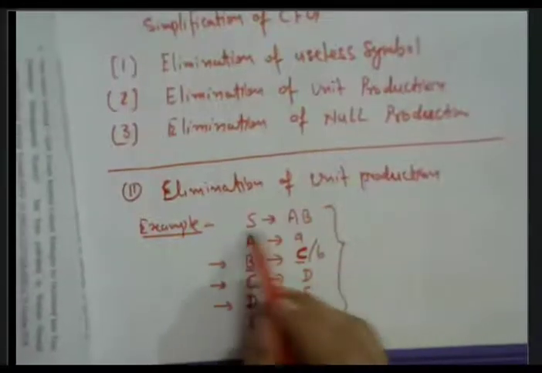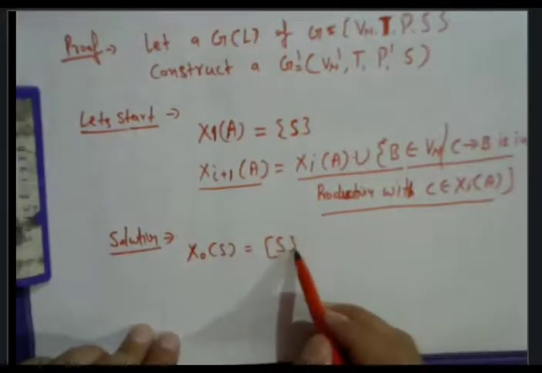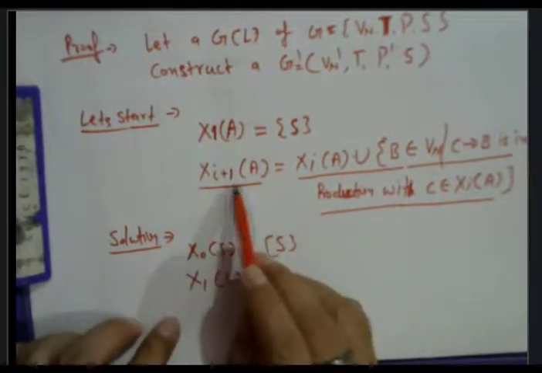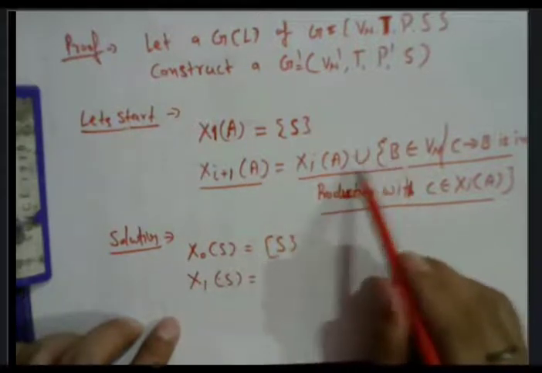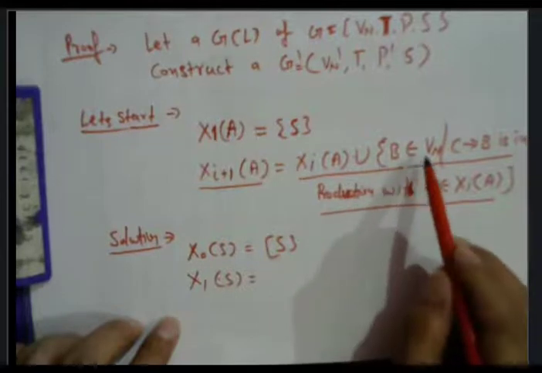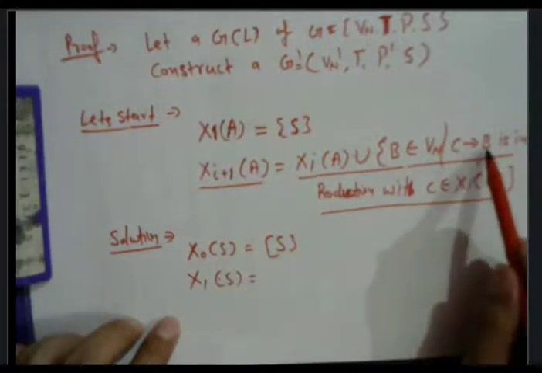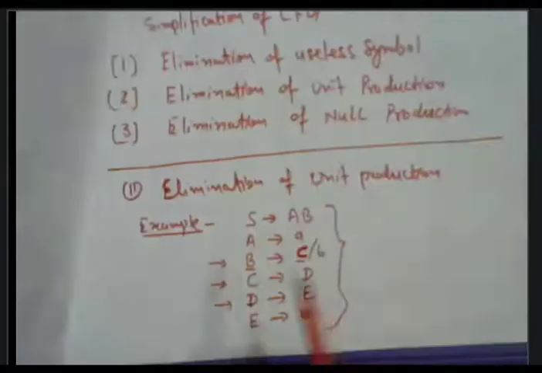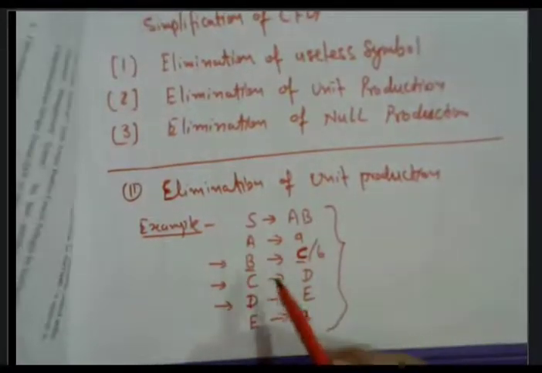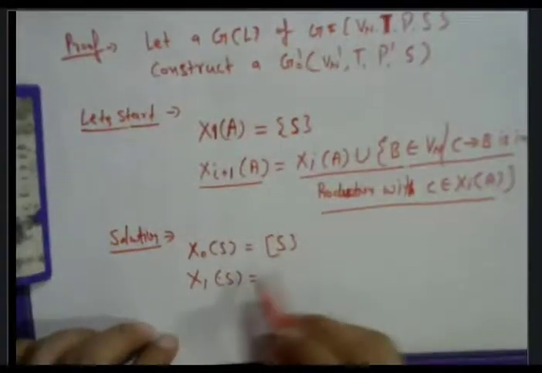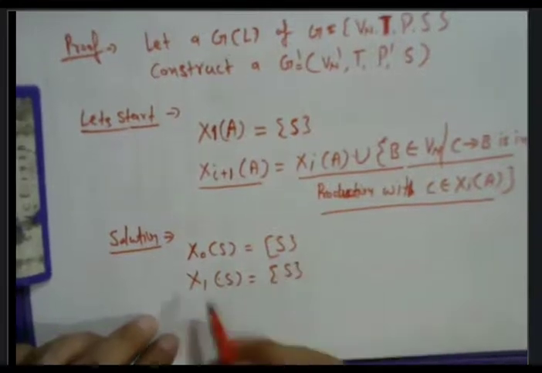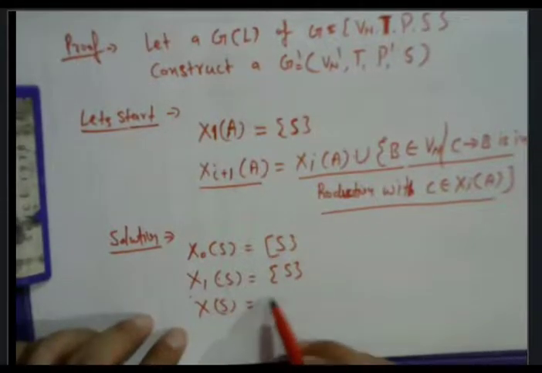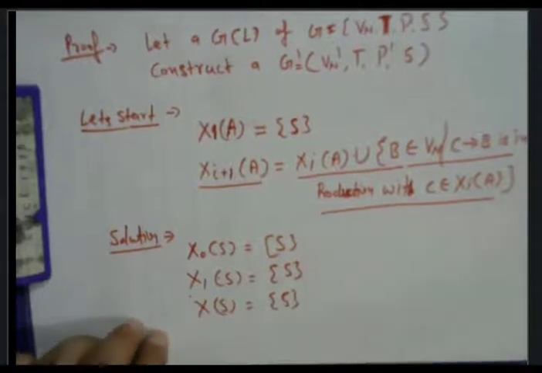S can produce AB, so the value of x1 of S is equal to x0 of S union B, where B is an element of Vn such that C derives B is in production with C an element of xi, but there is no unit production for S. S has AB, there is no unit production of S, so S cannot be extended further, and that is only S. There is no further extension of S.